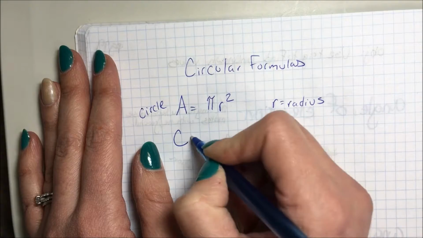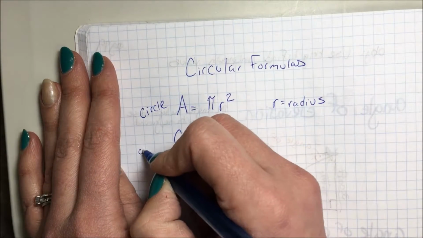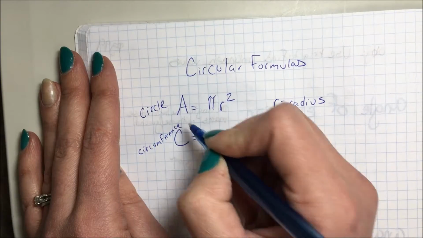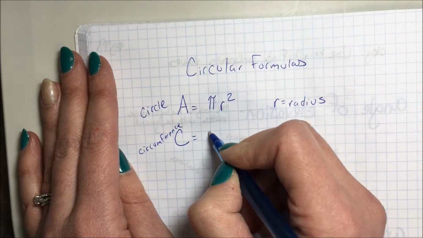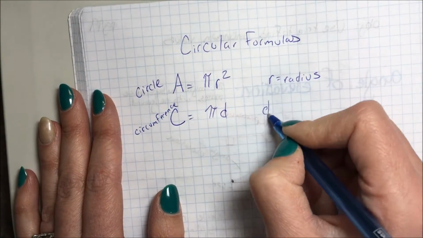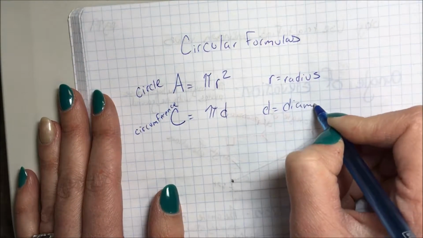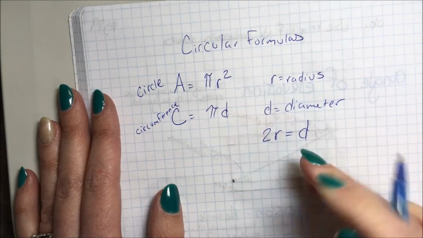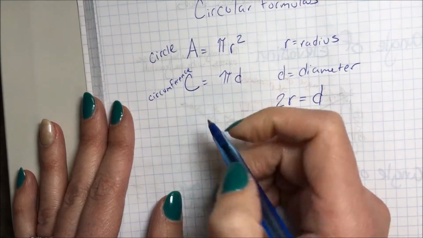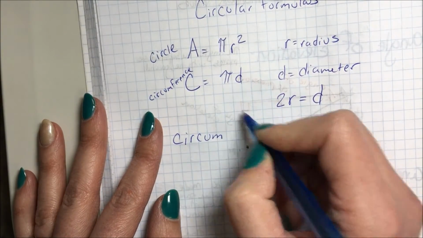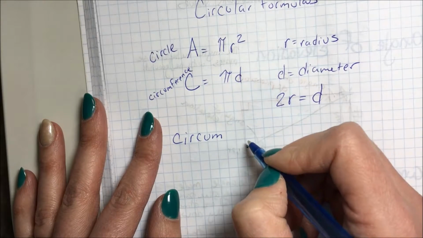The circumference, that's like the perimeter of a circle, is pi d. And remember, twice the radius is the diameter. The radius is half of the diameter, and the circumference is the perimeter of the circle. It's that roundness around the outside.